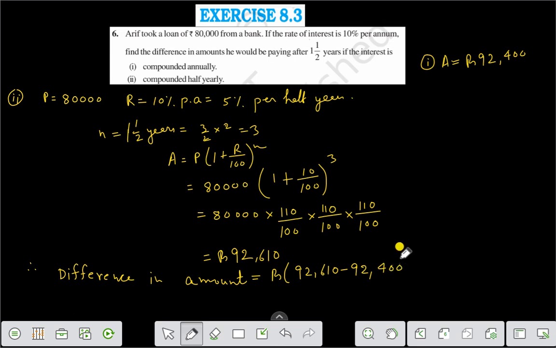You subtract this, then we will get rupees 210. The difference in amount is rupees 210.